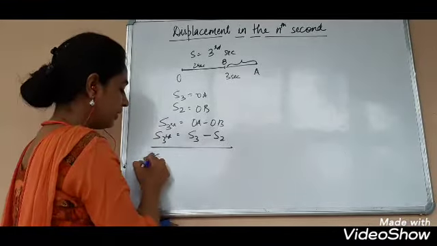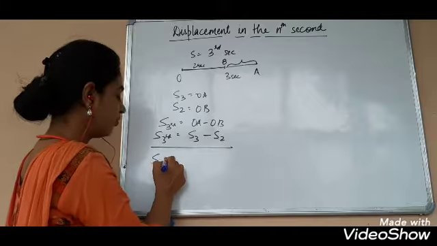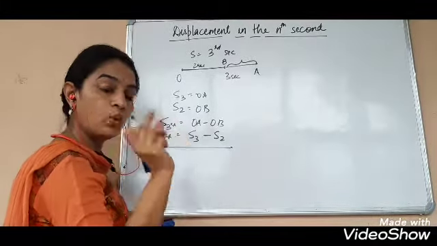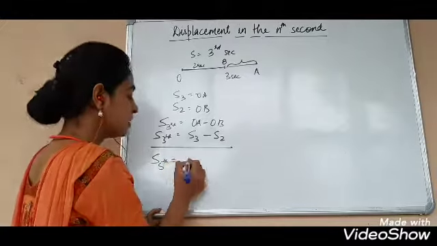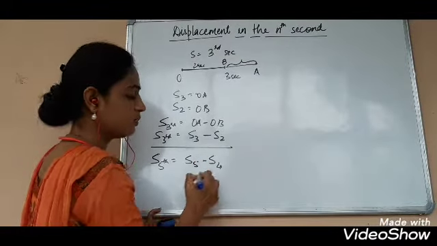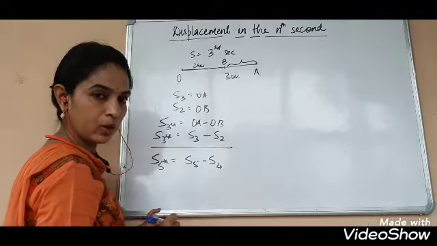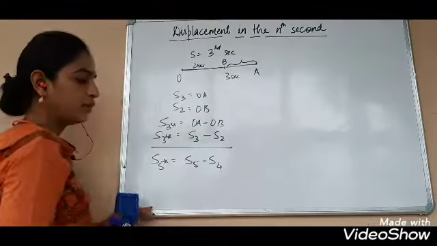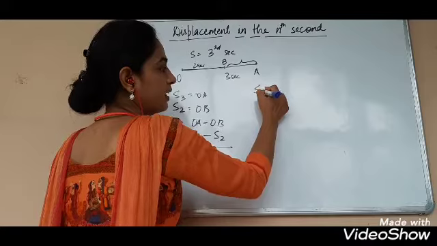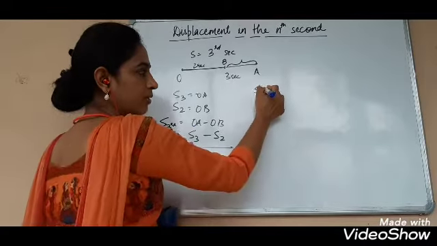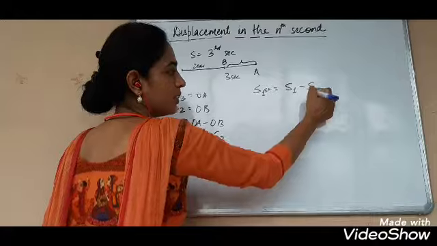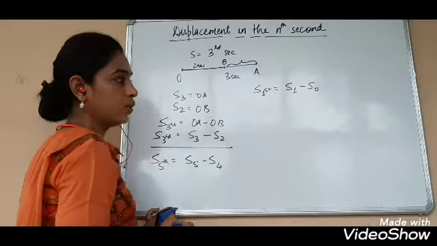So you can write displacement in the 5th second, 5th, not in 5 seconds total, only in the 5th second, will be displacement in 5 seconds minus displacement in 4 seconds. Like that you have to find. Similarly, if you want displacement in the first second, that will be displacement in 1 second minus displacement in the 0th second.